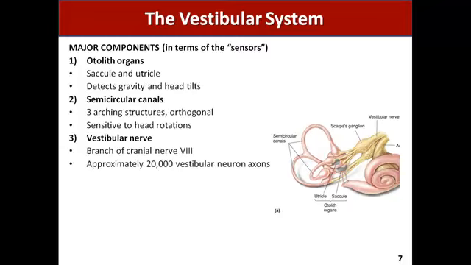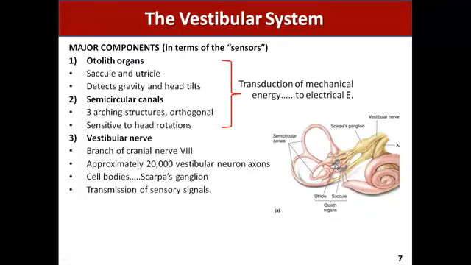The vestibular nerve is a branch of cranial nerve 8. It's composed of approximately 20,000 vestibular neuron axons that arise from the semicircular canals as well as the two otolith organs. As mentioned, their cell bodies are located in Scarpa's ganglion, and their job is to transmit sensory signals that have been mechanically detected by the hair cells within the semicircular canals as well as the otolith organs.